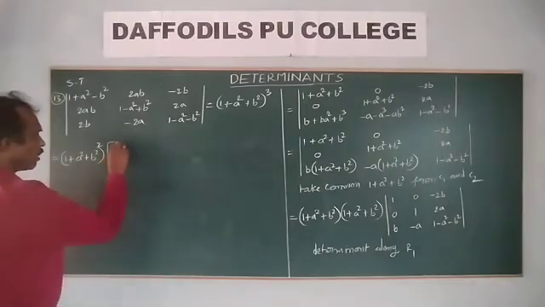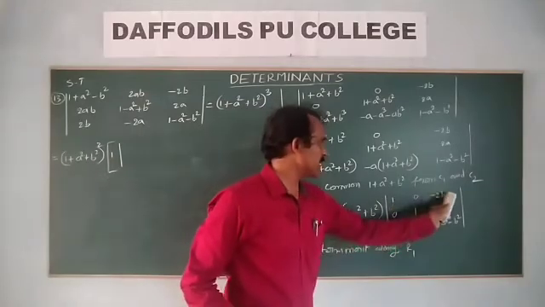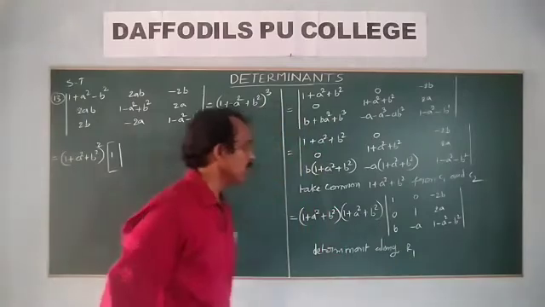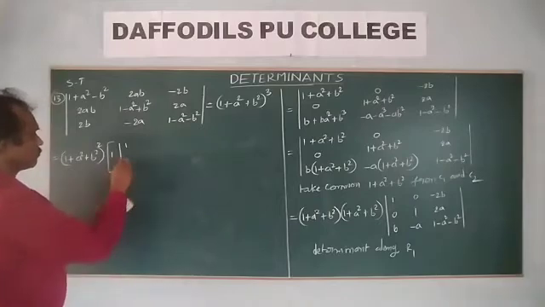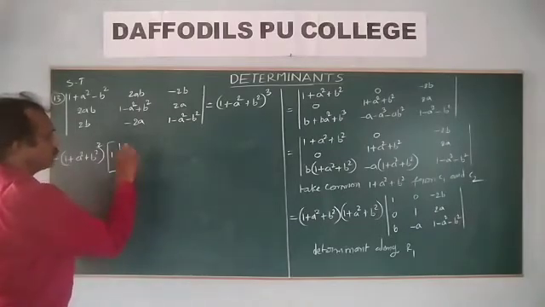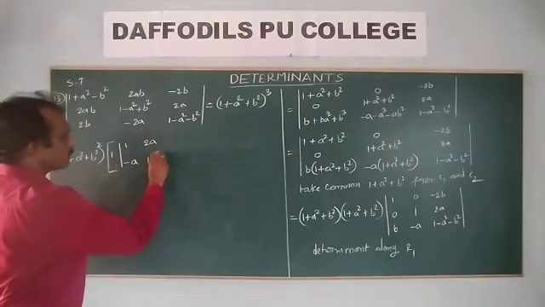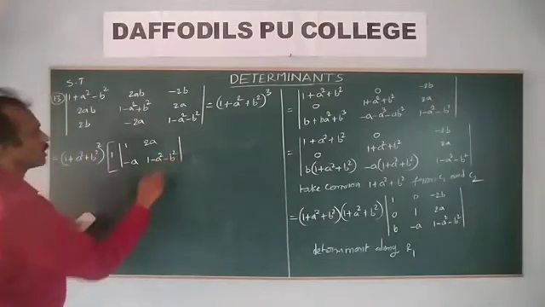First element 1 of the remaining terms along R1: deleting this row and this column, the remaining terms are 1, minus A, minus A, 2A, 1 minus A square minus B square.